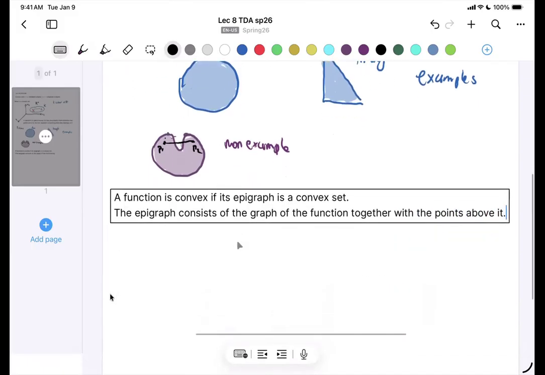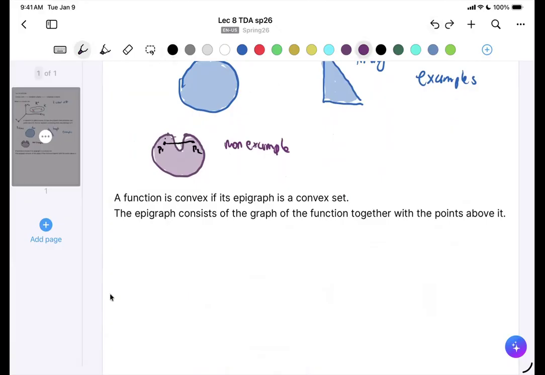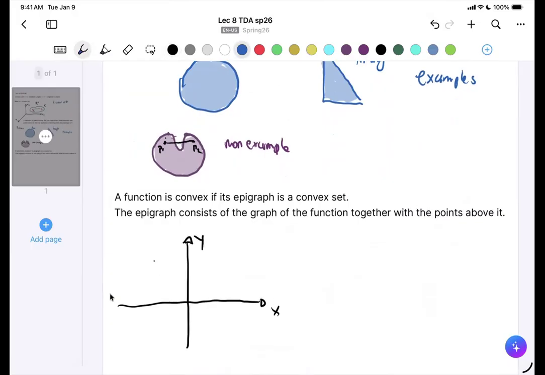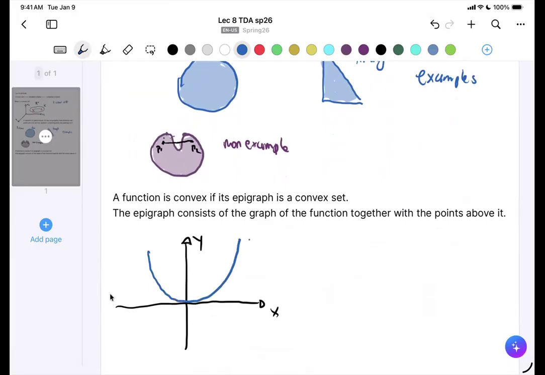So for example, again, just to give you an example and a non-example. If you take y equals x squared, the standard parabola, then the epigraph is all the points on the parabola or above the parabola.